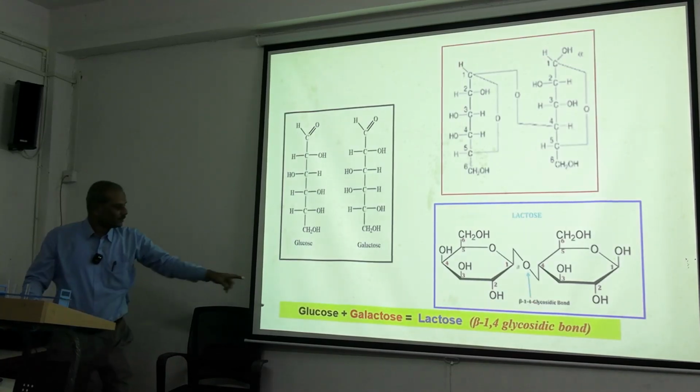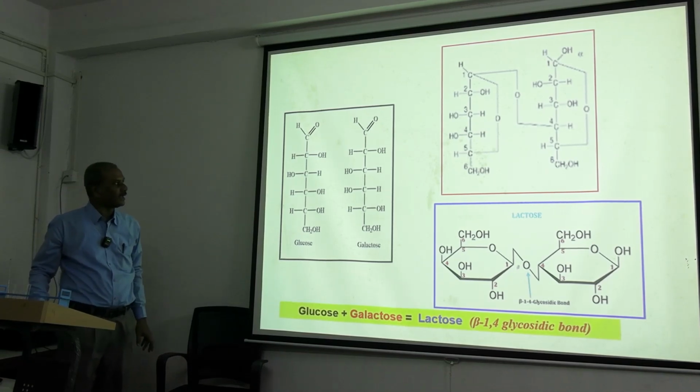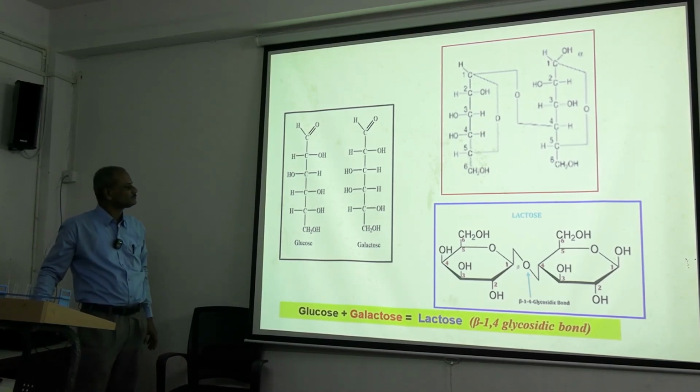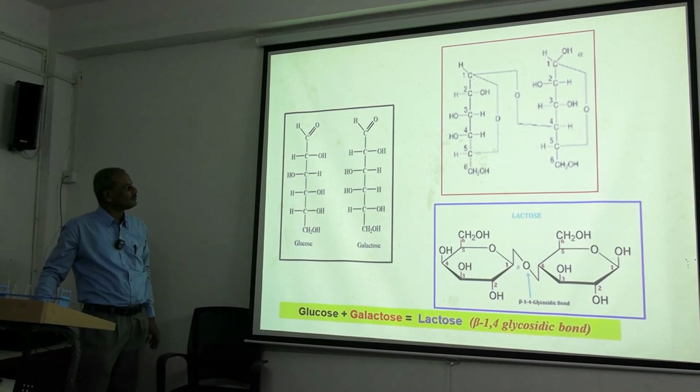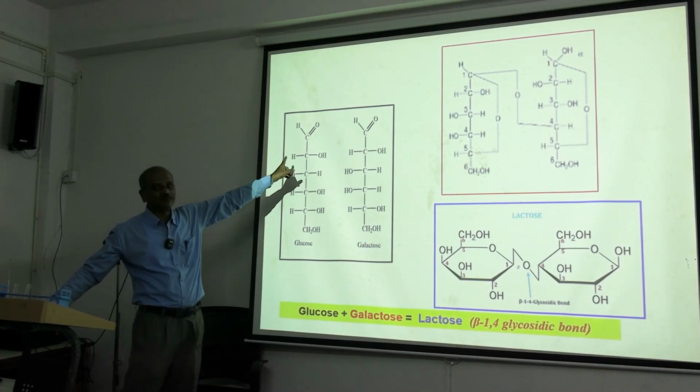Now lactose, again write down the composition: glucose plus galactose forms lactose. Again you see this is the 1 and 4 position.